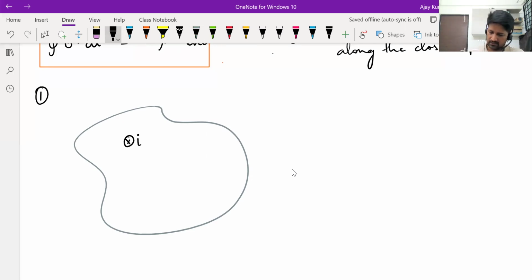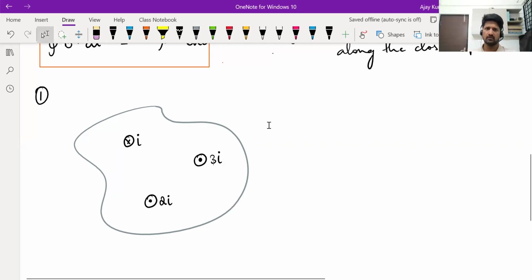Assume this current is I. This current coming out of the loop is 2I. Let's say there is another current coming out, which is 3I. Now listen, the current I is going into your screen. You can assume these as infinitely long wires.